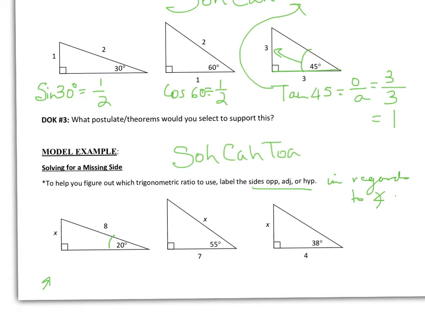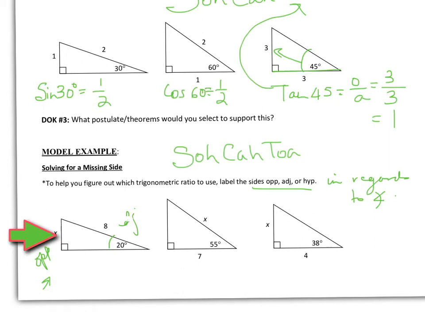So we're going to look at the opposite. What is opposite to 20? X, right? So this is our opposite. And of course we know our adjacent is right here, which is not opposite, so that's our adjacent.